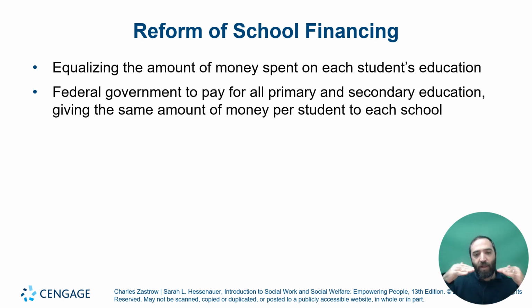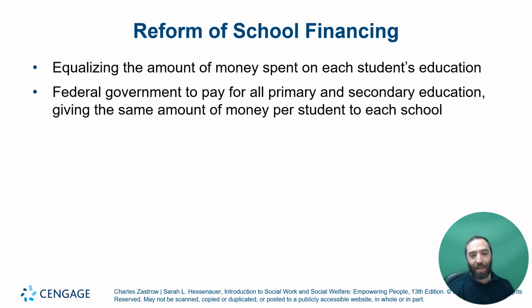So if we can equalize that, that might help to increase the amount of students in the inner city schools that graduate or that feel engaged and excited about their education, go on to college, things of that nature, right? This is not popular among people who are paying too much money for their house in the suburbs so their kids can go to the well-funded public school.